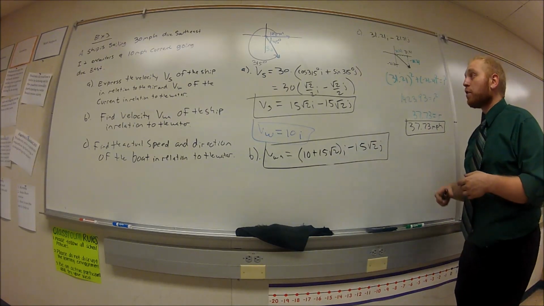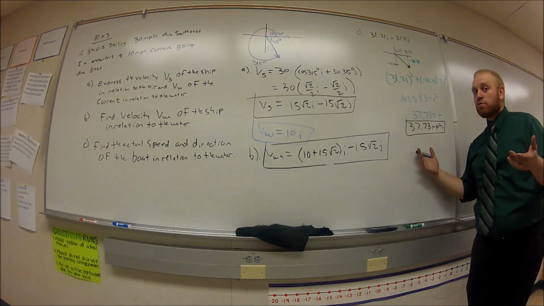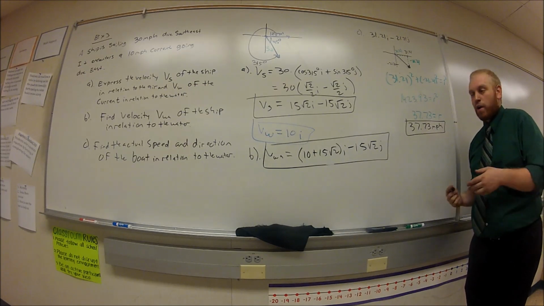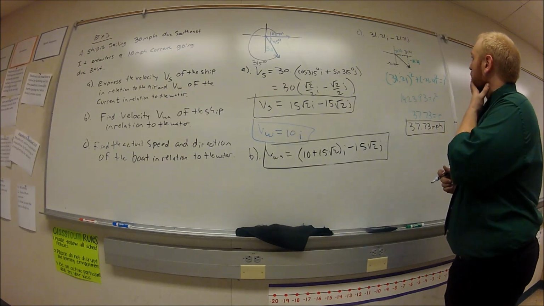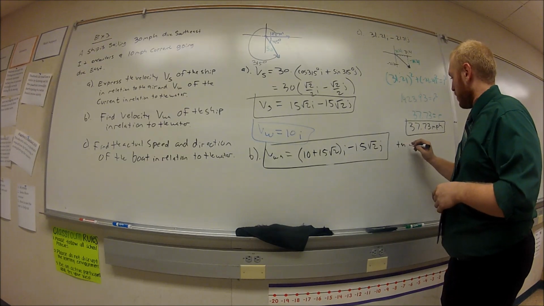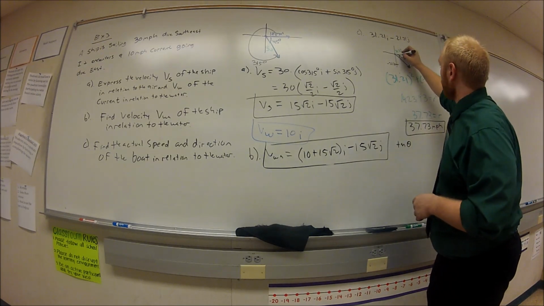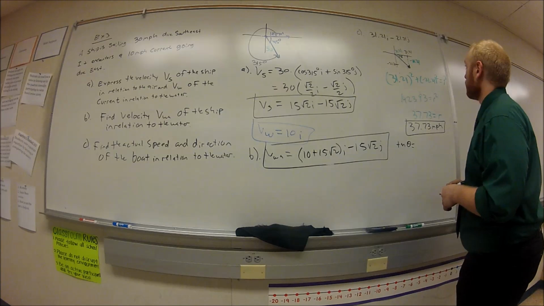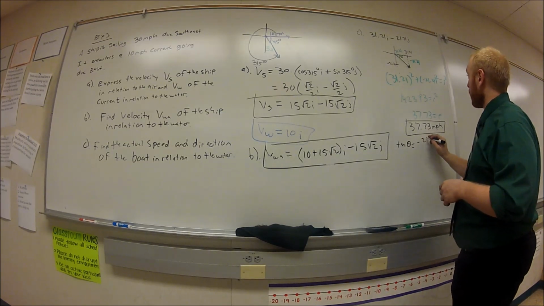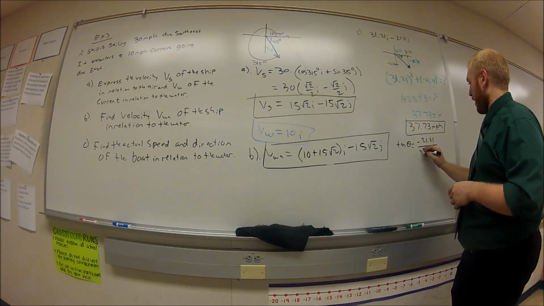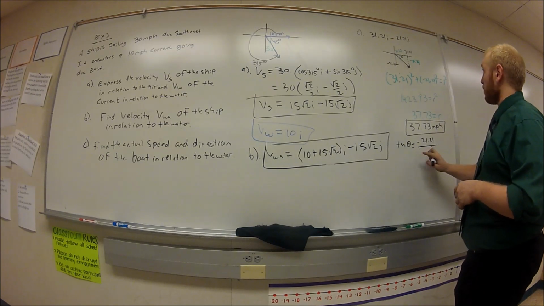Now let's figure out the direction angle, because in order to use it, we've got to figure out our nautical direction. So, let's use tangent. Tangent of theta equals opposite over adjacent, so negative 21.21 over positive 31.21.